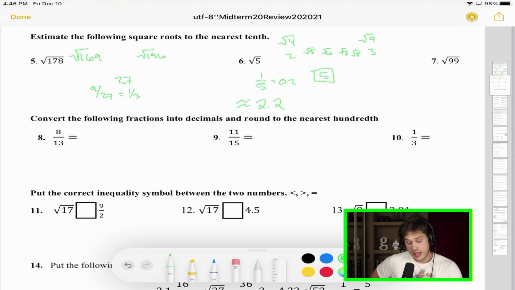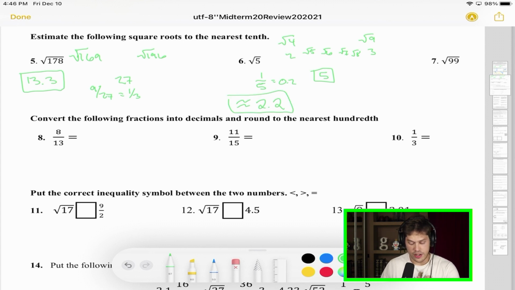Okay. And 1/3 is 0.33333. So I'm going to round down to the nearest 10th, and I'm going to say the square root of 178 is approximately 13.3. Okay, so 13.3 would be my answer here.